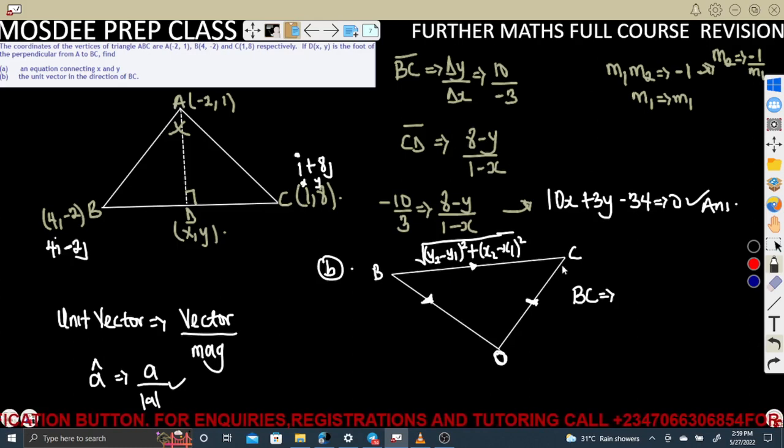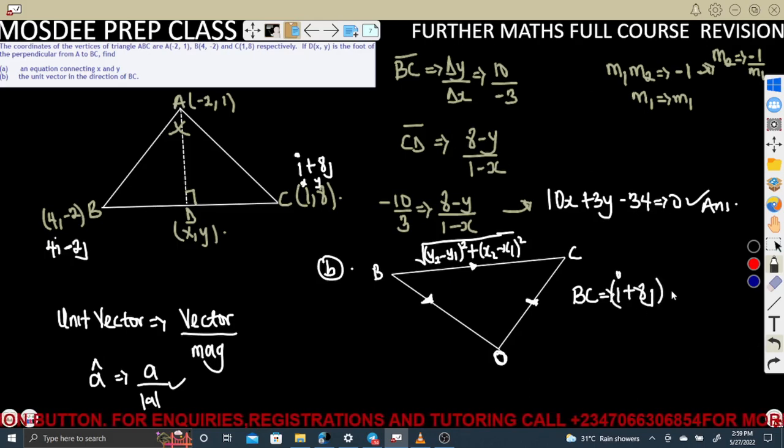A negative vector is a vector of equal length but different direction. C to O, then O to B. So it will be the vector of C, this is i plus 8j, subtracted from the vector of B, this is 4i minus 2j. Please note that.